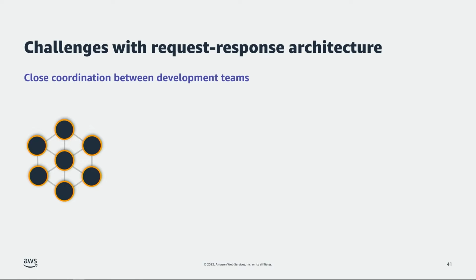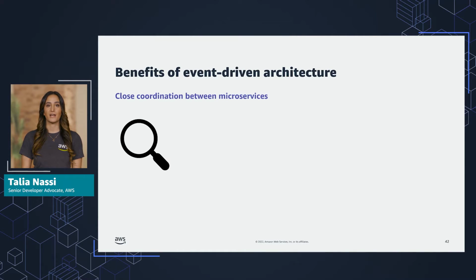Did your team know about that? Ultimately, it's very hard to coordinate these orchestrations and workflows as systems become more and more complex, and as you add more services. Event-driven architecture can help solve the problems of the close coordination of microservices, error handling and retries, and coordination between development teams.